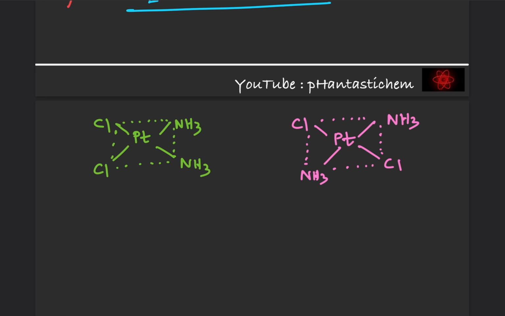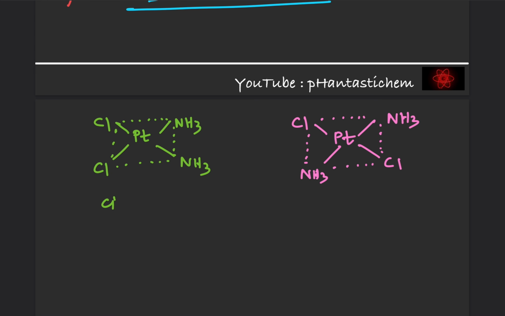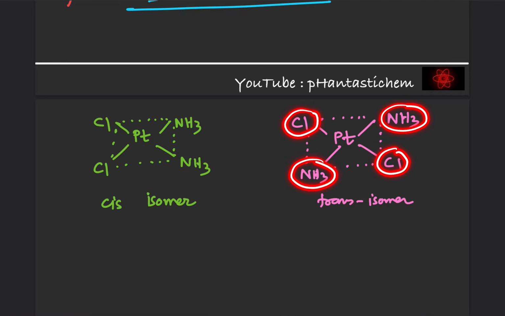This is known as our cis isomer, because similar groups are present on adjacent positions, and this is our trans isomer, because similar groups are present on opposite positions. You can see chlorine and chlorine are opposite, NH3 and NH3 are present in opposite positions.